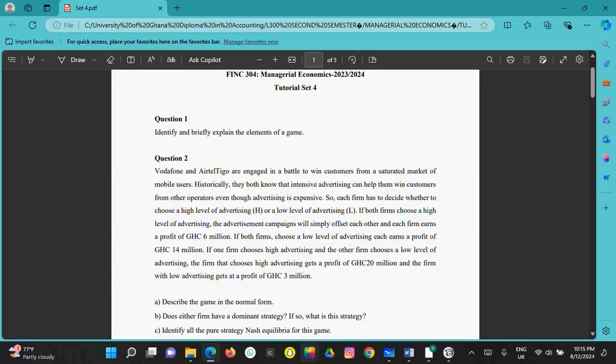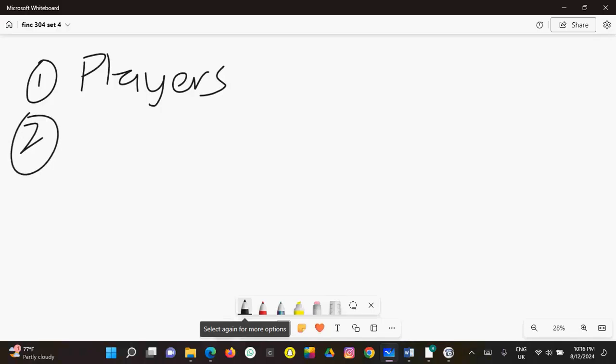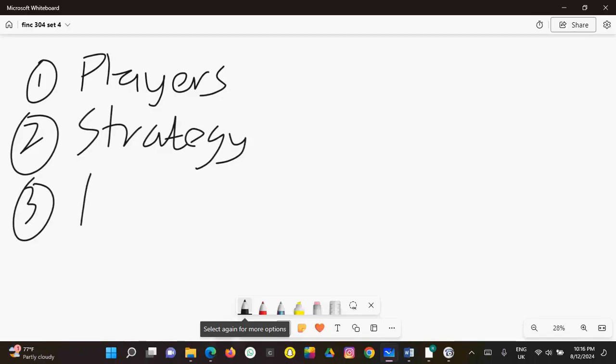The strategies are the planned decisions of the players, the decisions that the players want to take. The payoffs are the profits or loss that come up as a result of the strategies they are playing. So the elements are: 1, the players; 2, the strategy; and 3, the payoffs.